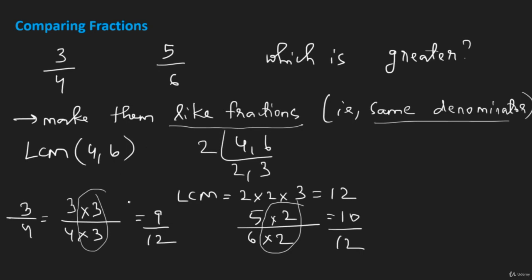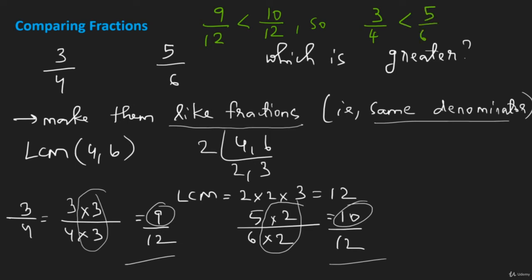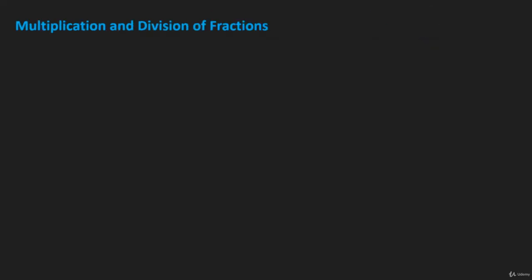Now, when I want to compare 9 by 12 and 10 by 12, because both of these have the same denominator, I just need to compare 9 and 10. Therefore, 9 by 12 is less than 10 by 12, and because of this, 3 by 4 is less than 5 by 6.